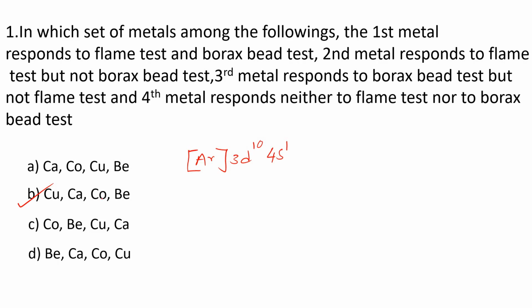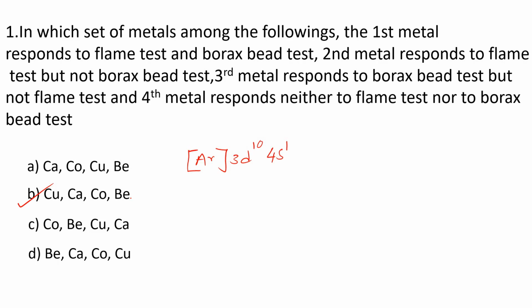And the fourth metal responds neither to flame test nor to borax bead test. Here the fourth metal is beryllium. Beryllium, though it is the first member of the alkaline earth metals, that is S block elements, cannot give the flame test, and it cannot give the borax bead test because it is not a transition metal.